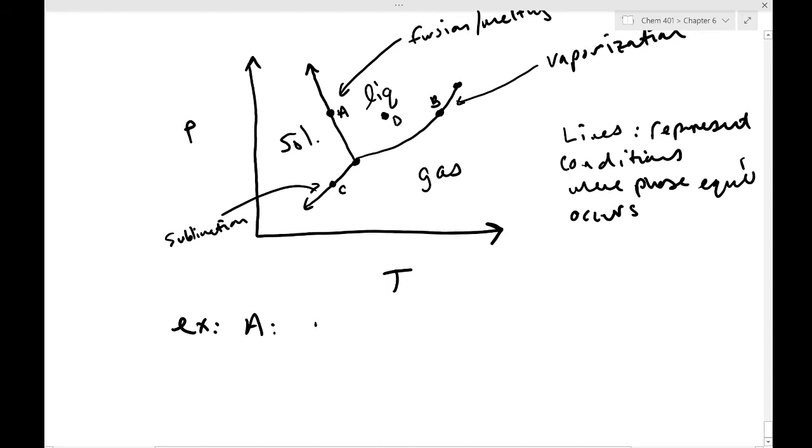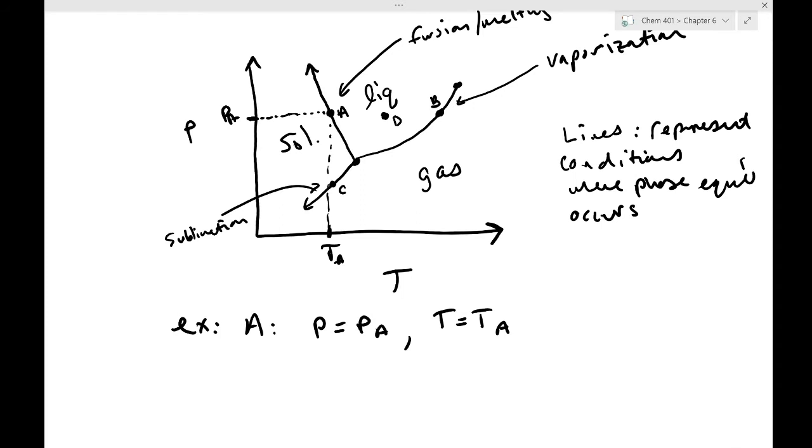If P is equal to PA and T is equal to TA, where PA is this point here and TA is this point here, then for this substance, we would have melting, i.e., the solid and liquid phases are at equilibrium.